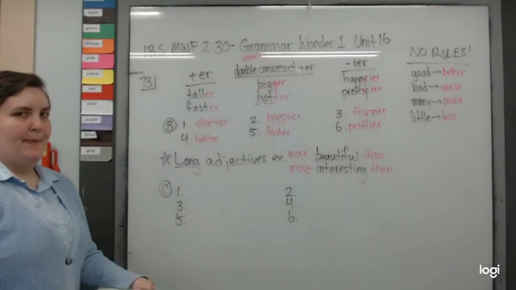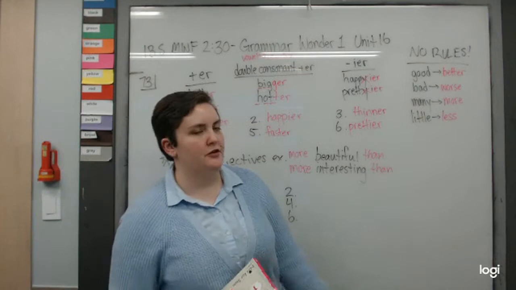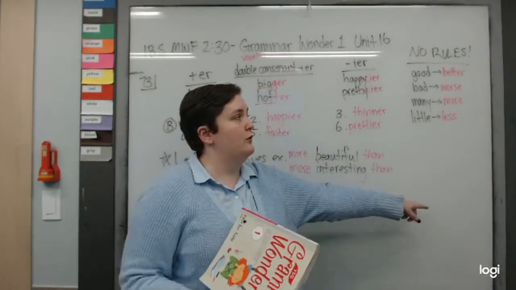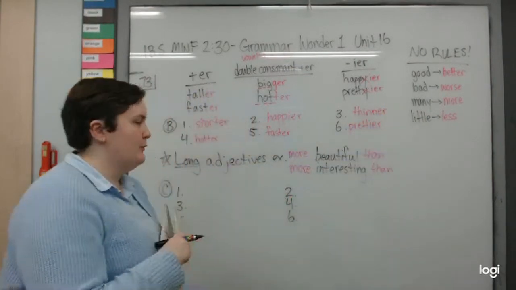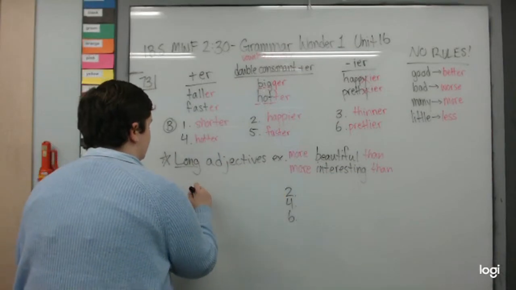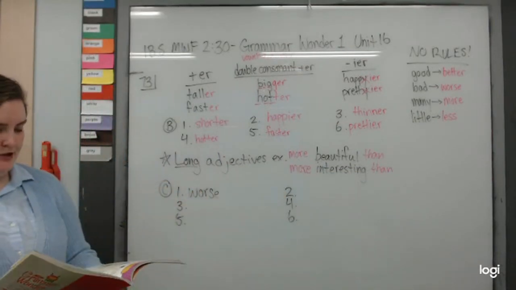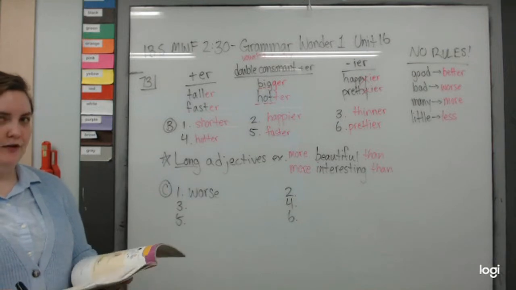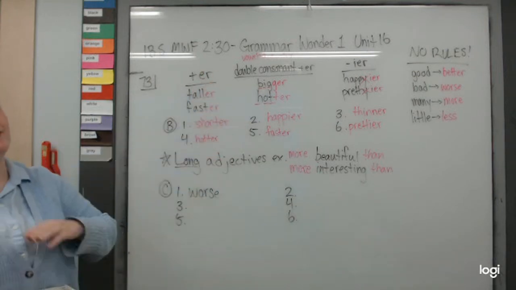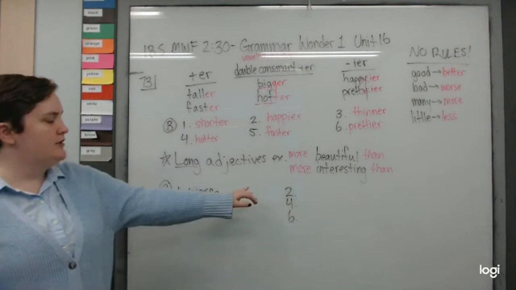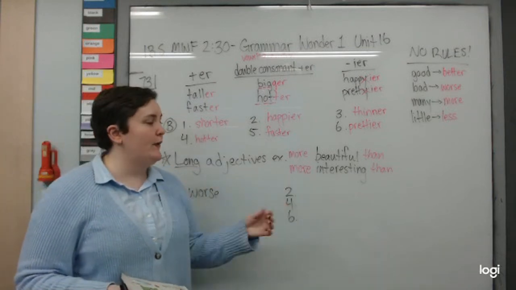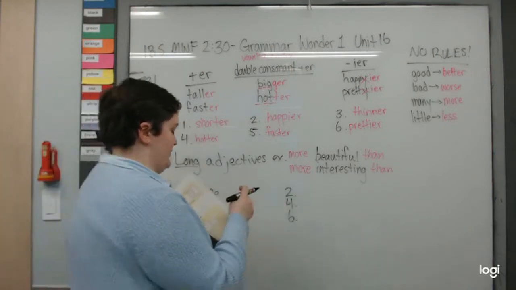Number 1, bad. So let's start in our no rules. Is it one of our no rules? Yes, it is. Number 1, bad, worse. Number 2, useful. Is useful in our no rules? No. So what do we do? It's long, we add more: more useful.